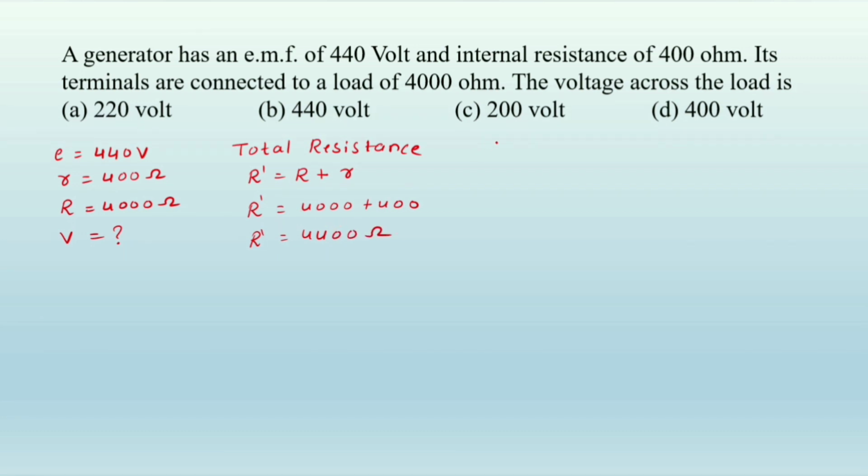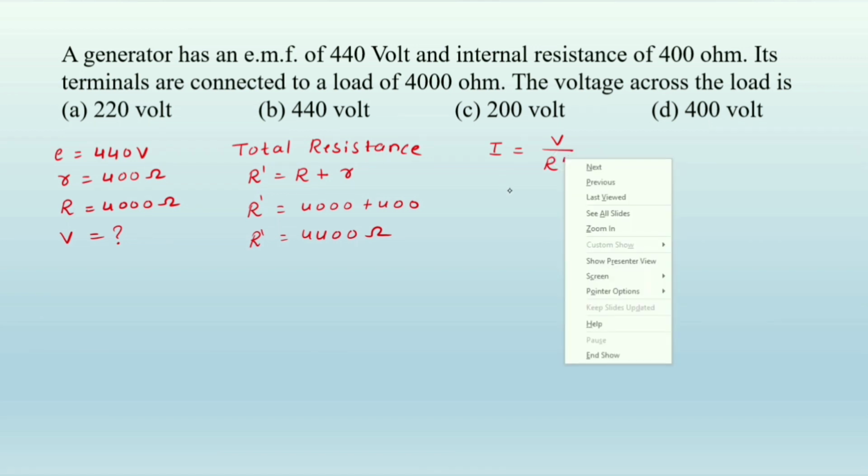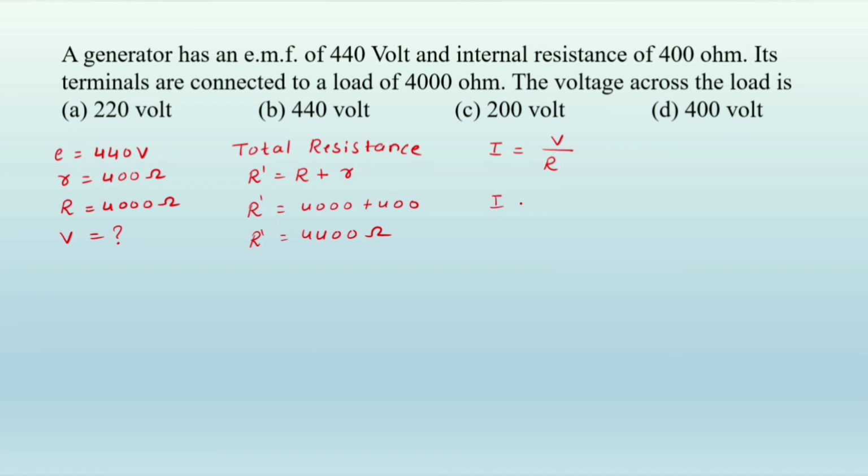Now according to Ohm's law we have the equation V equal to IR or I equal to V divided by R. So the total resistance is R dash. So I equal to V, the value given is 440, or you can write it as E by R dash, 440 divided by 4400. So we get 0.1 ampere.